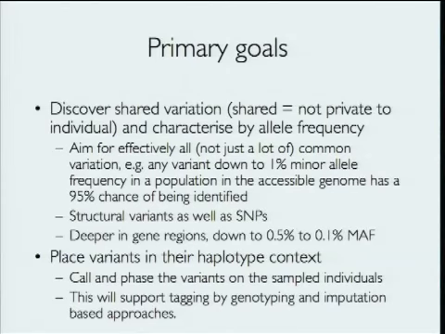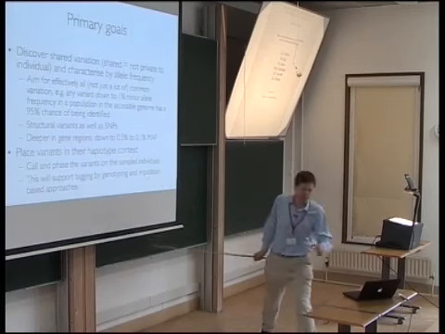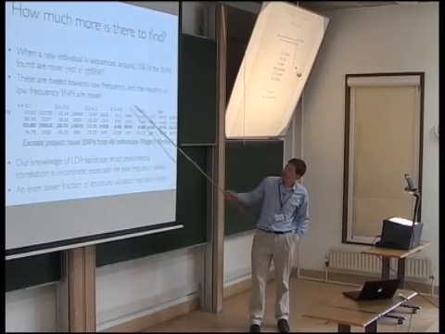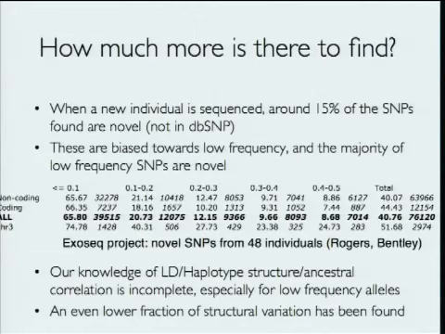To find structural variants, and in gene regions to go even deeper, to get to an even lower level of allele frequency. And we want to place the variants in their haplotype context. Okay. How much more is there to find? About 15% of the SNPs found are novel, typically biased towards low frequency. So if you look, here's a study where we sequenced 48 people.